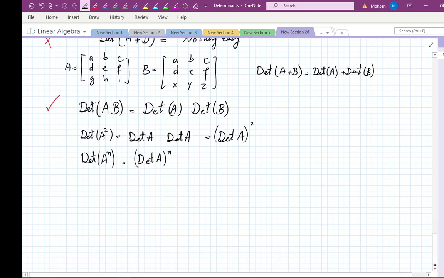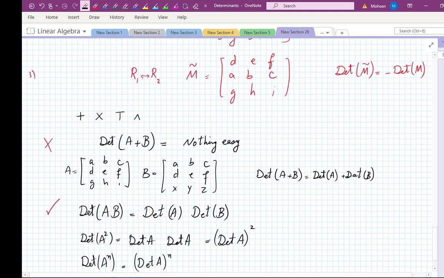If A inverse exists, then determinant of A inverse is equal to determinant of A to the power of -1, which you can write as 1 over determinant of A as you want. So this formula is valid for all integer exponents so long as the right hand side makes sense. Okay, so that was a good surprise.